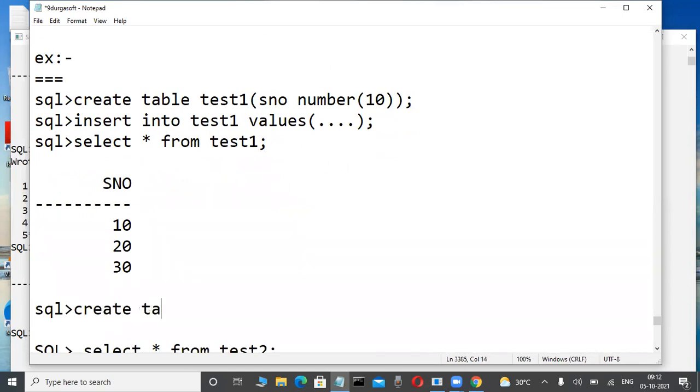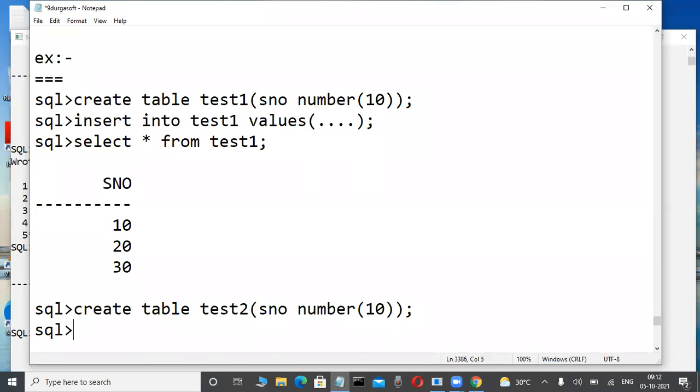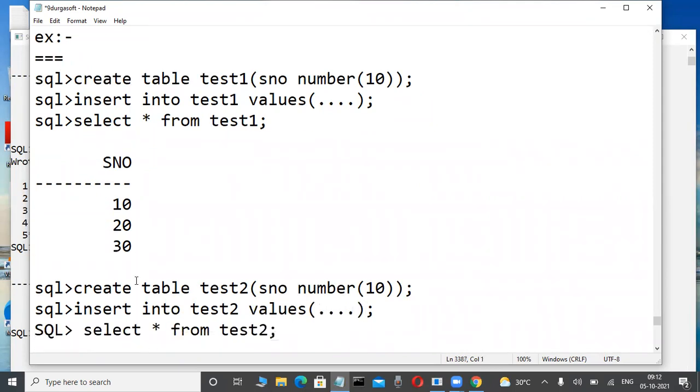I am taking 10, 20, 30. Very easy. Yesterday we saw it diagrammatically. In every database, join subtraction is retrieved through the IS NULL operator.